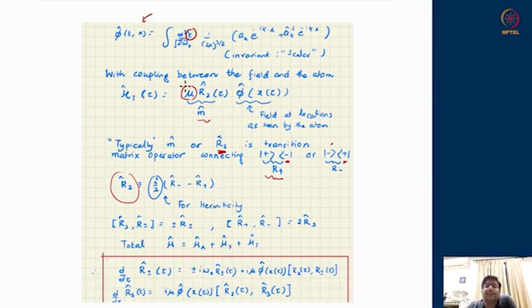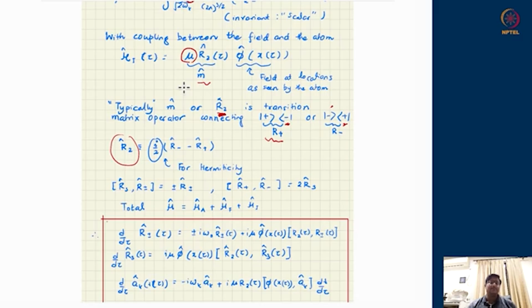So now we have everything in terms of the atom. Now the atom has this description of physics going along, that it has one Hamiltonian HA, it has one field around it whose description is given by the phi at location x of tau, and there is an interaction term which now is being written in terms of the atom's clock as well. So we have everything at hand from the point of view of the atom.